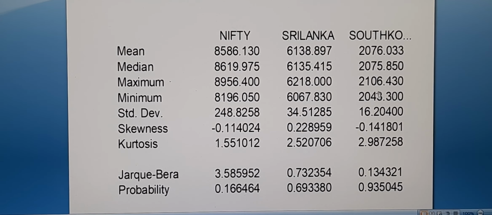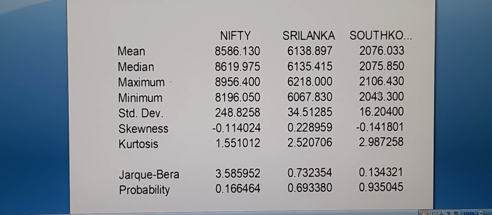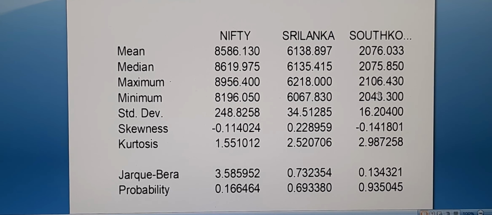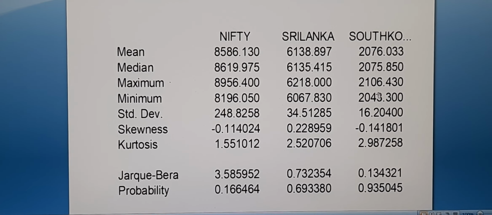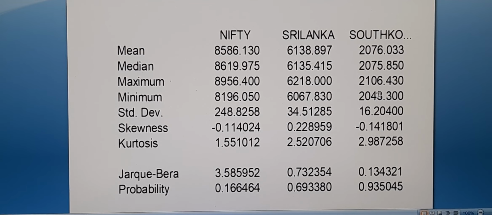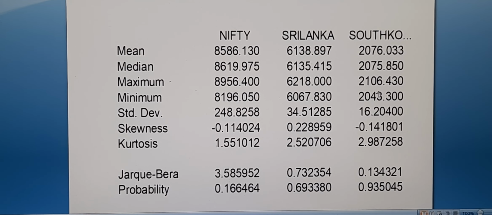How far the data is spread around the sample mean is determined by the standard deviation. You can see that the standard deviation is 34.51 for the Colombo stock market in Sri Lanka, and for Nifty it is 248.